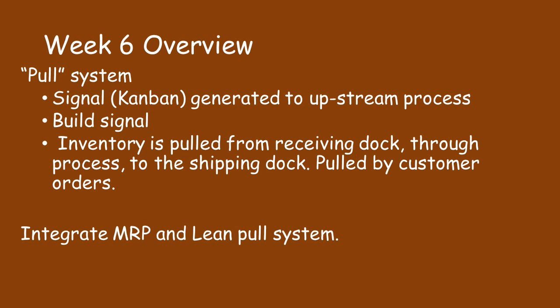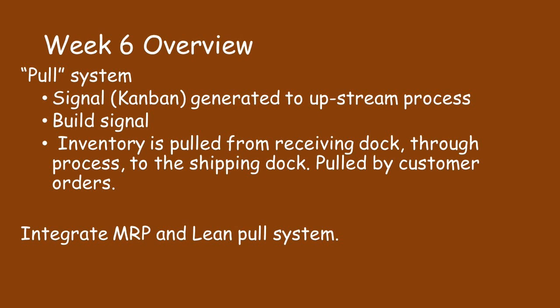This happens all the way back upstream to the receiving dock where inventory is received. In this system, inventory is pulled as needed from the receiving dock all the way through the process to the shipping dock and to the customer. So the customer is pulling the inventory instead of the inventory system pushing the inventory through the system. Exhibit 12.1 shows this pretty good graphically.